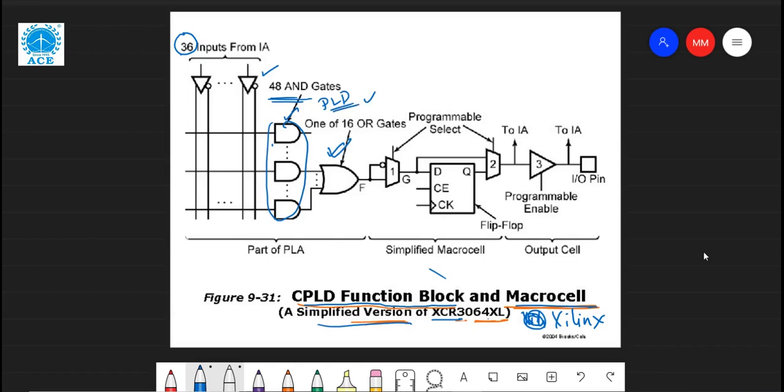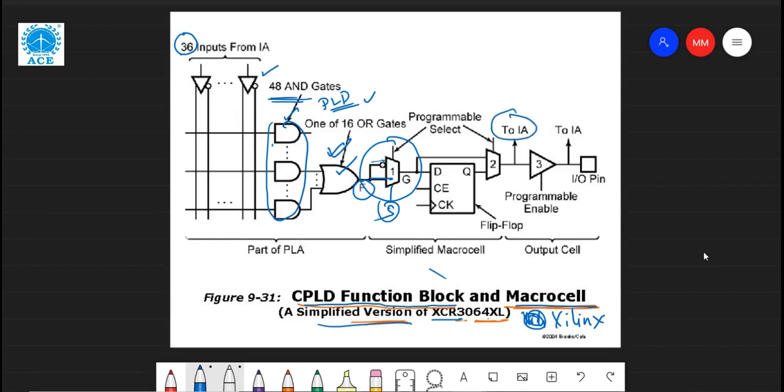So see here we have a mux. Generally a mux has a select line. Whatever the output function of the OR gate, if you want the complement, it goes through, and this is the selection line. Through the selection line we can take any one of the functionalities. Next, from here we have one output to the IA connect.